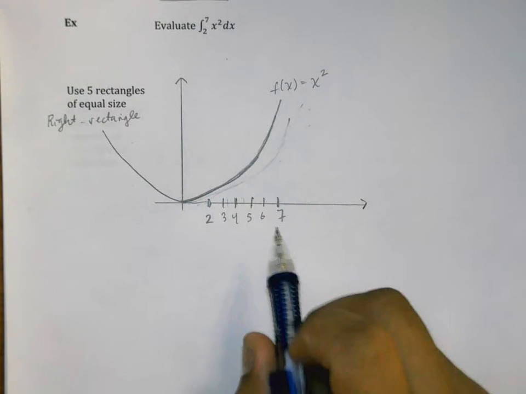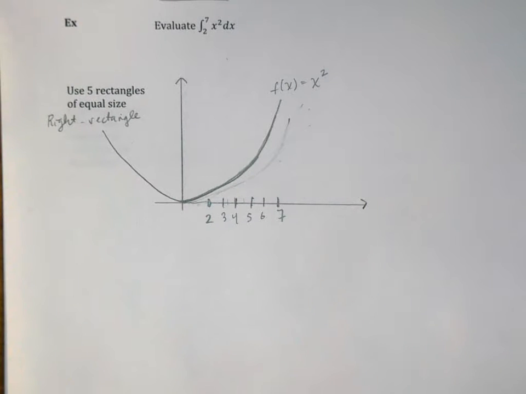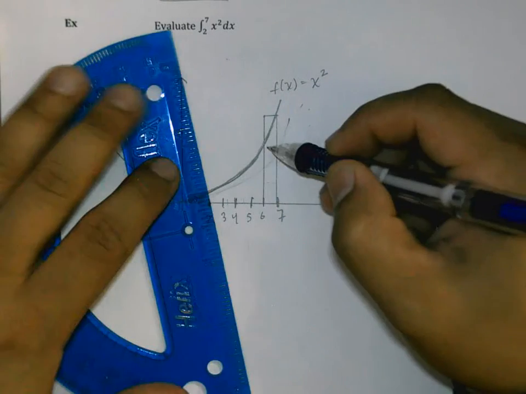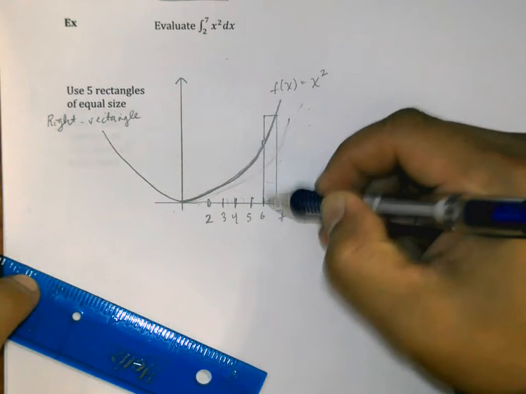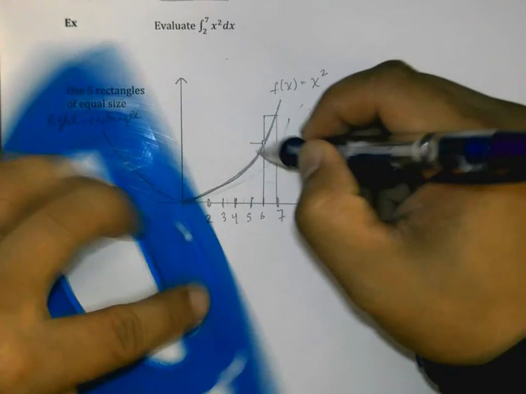So I've marked off here my graph, and then we're going to draw in some rectangles. The first rectangle is the rightmost one, which is the one all the way up to 7. For the second one, I want to go from 6 up to the curve, and then make a rectangle there.